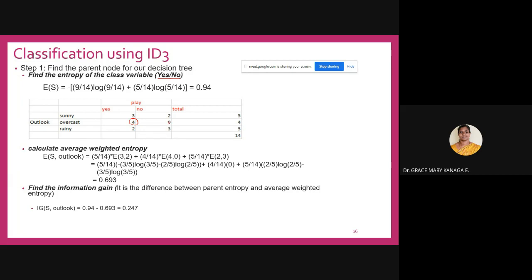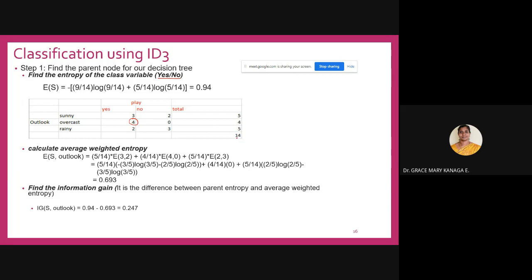And for rainy, 2 yes and 3 no. So how many totally? 14 training data are there. Under sunny the total is 5, overcast is 4, and rainy is 5.